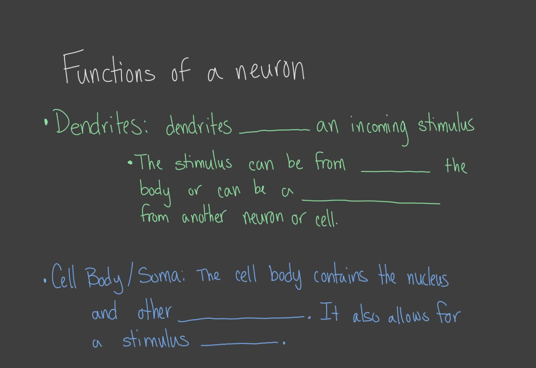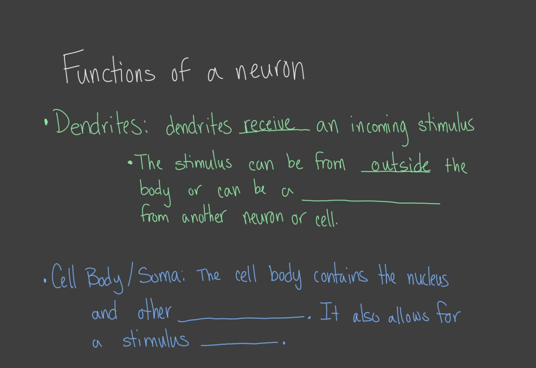So we'll start with the dendrites. Dendrites receive an incoming stimulus. That stimulus could be from outside the body, or it could be light. It could be touch when you're touching like your desk or a pencil.